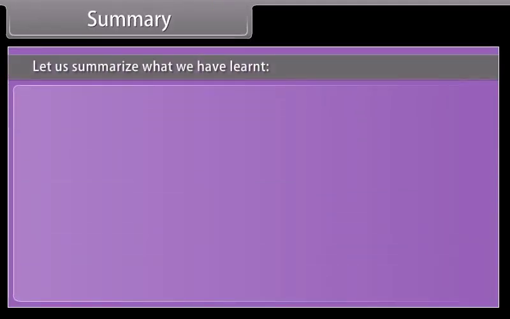Summary. Let us summarize what we have learned. If A is equal to [aij] of order m by n, then A dash, or transpose of A, is equal to [aji] of order n by m.